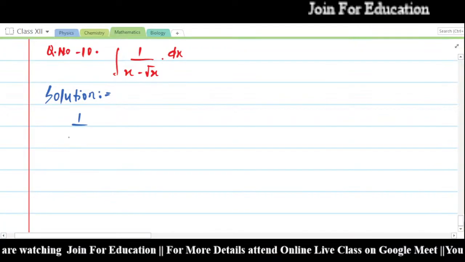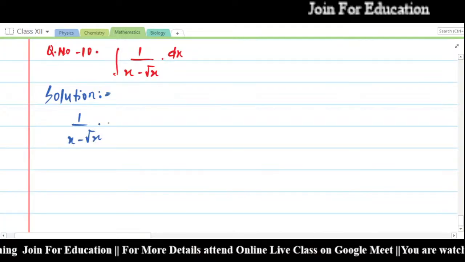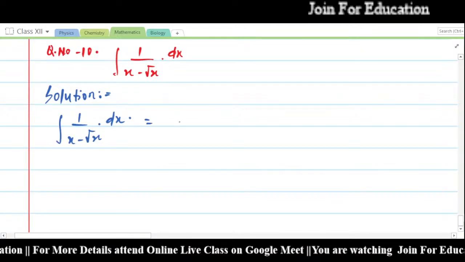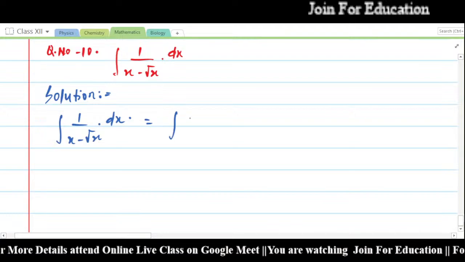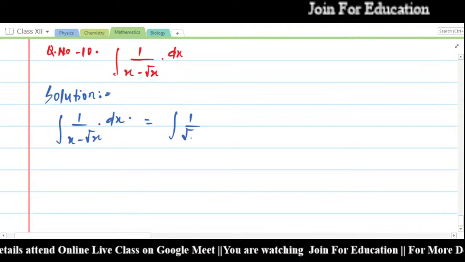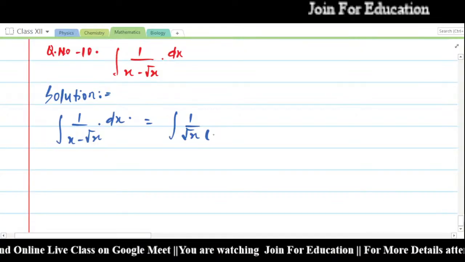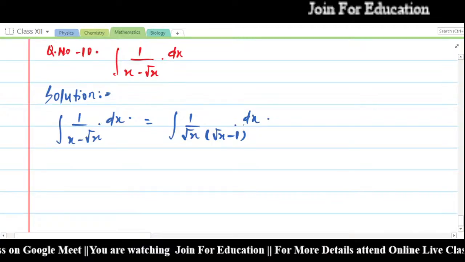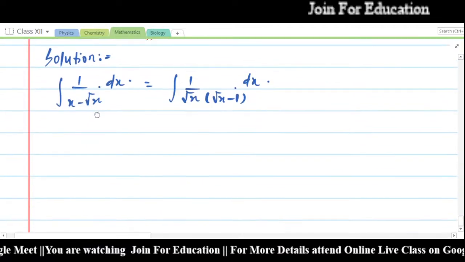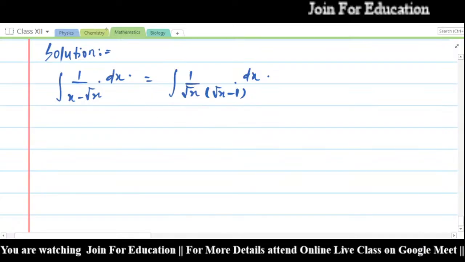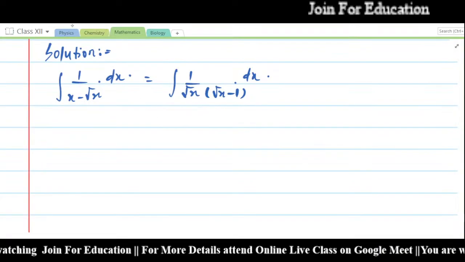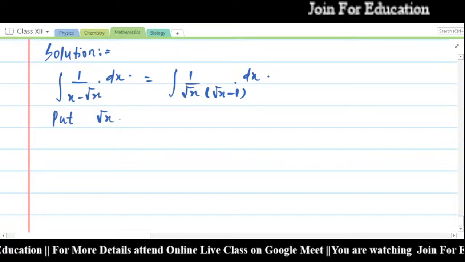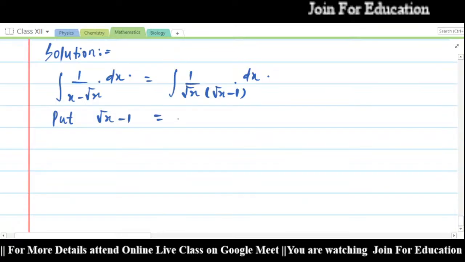Integration of 1 by x minus root x into dx. We take under root x common, then we get 1 by under root x, and here will be under root x minus 1 into dx. So now we put under root x minus 1 equal to z.